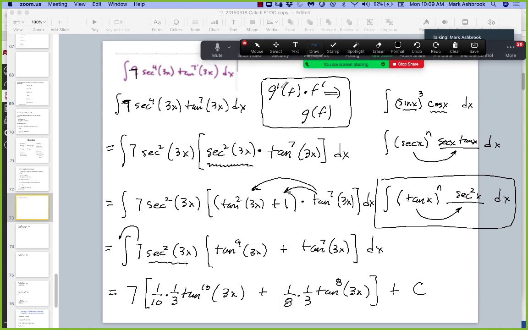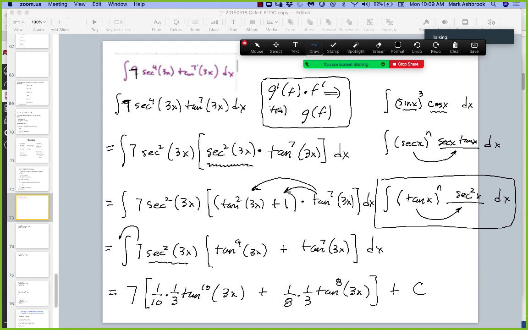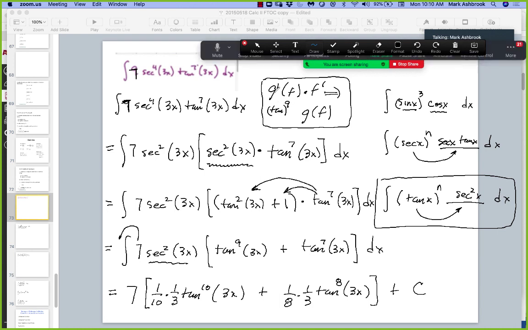The g prime is the 9th power, and the f is tangent, right? So this is tangent to the 9th. The 9th power is the g prime, and the interior is the f, the tangent, and the derivative is secant squared.